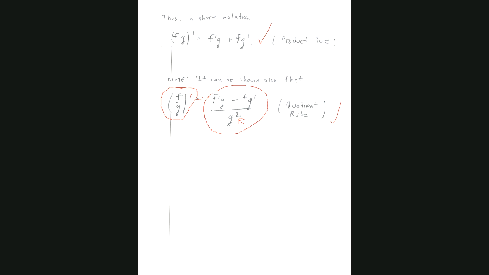So we're now able to take derivatives of sums and differences and products and quotients. Many of the functions you've learned about can be written as sums, products, or quotients of functions. A rational function is a quotient of two functions.